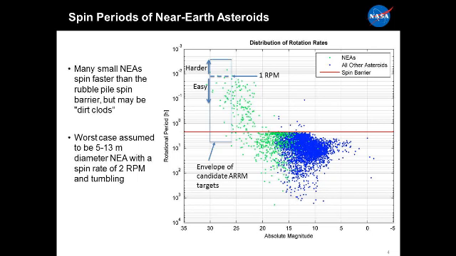You see, not that many have been measured, but enough to give you a sense of the population. And you see that there's only a few above about 1 RPM. And 1 RPM is where things start to get quite sporty. So we're going to concentrate on that issue. And the idea that they are possibly dirt clods, or even less competent than dirt clods, is a key issue.